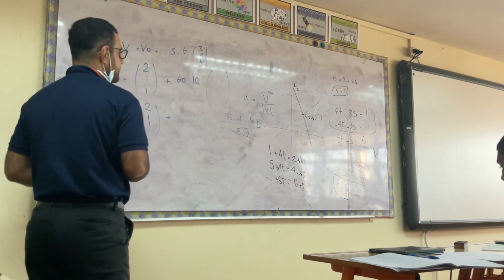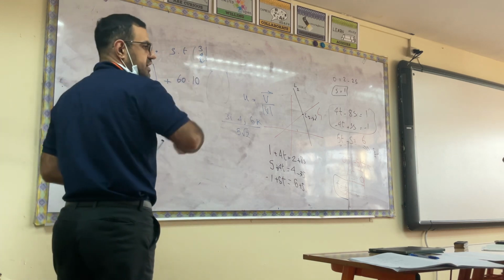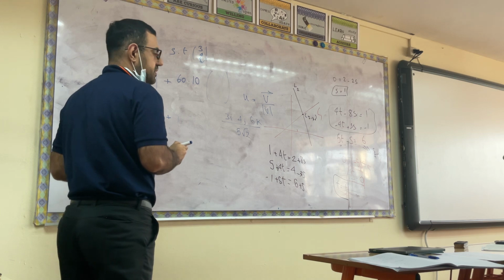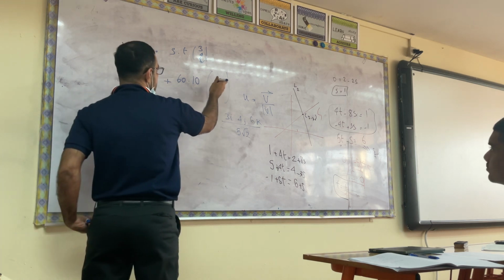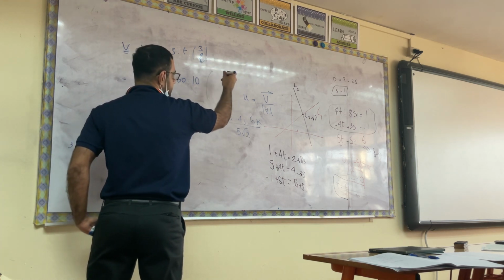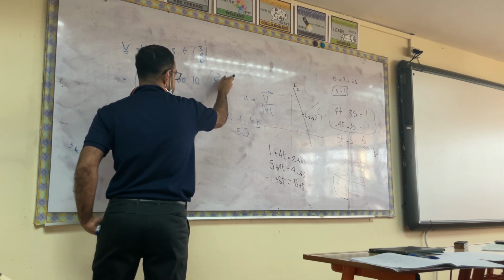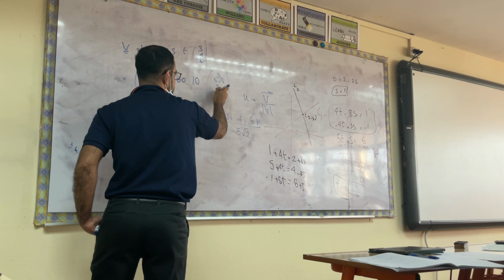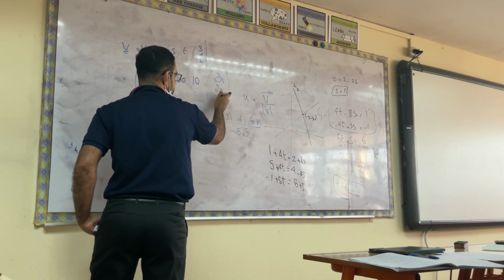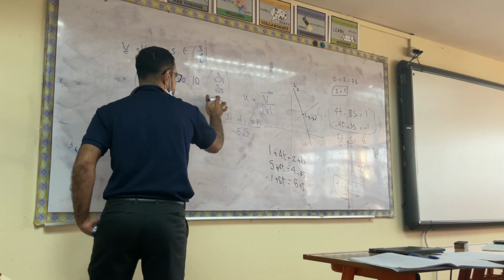So here I need to find the unit vector and then calculate it over the time. So here again we will have 3 over 5 root 2, 4 over 5 root 2, 5 over 5 root 2, or here you can write it just 1 over root 2.